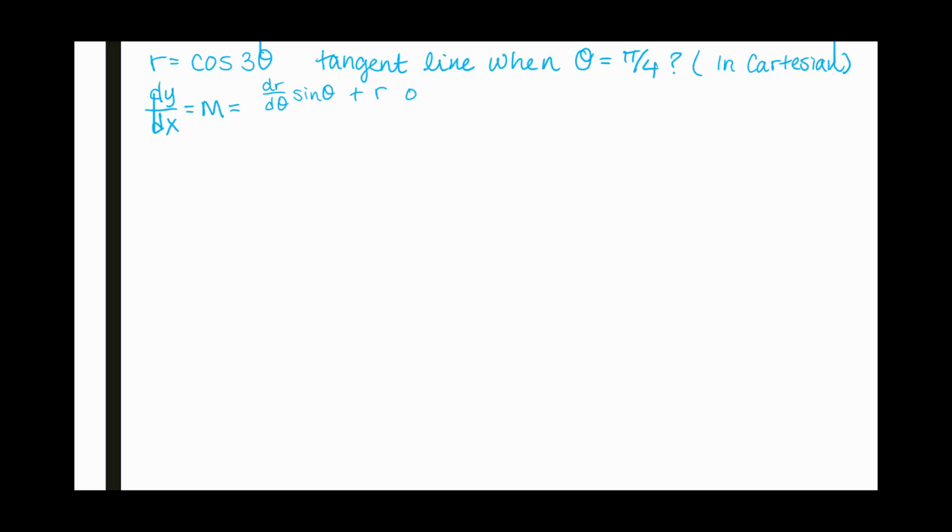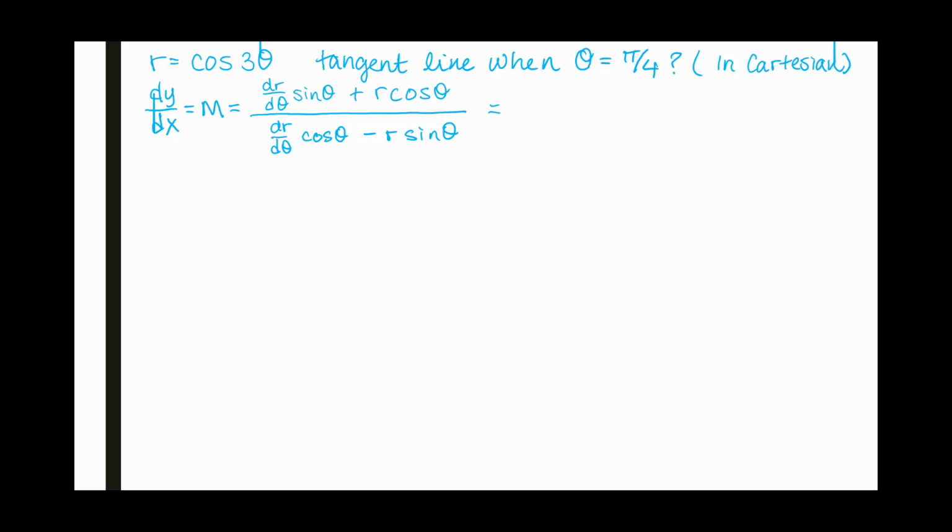That's corresponding to the derivative of r sine theta, the derivative of y, over dr/d theta times cosine theta minus r sine theta. So again, this is coming from the derivative of r cosine theta. Remember, r is a function of theta, and therefore we're using the product rule.